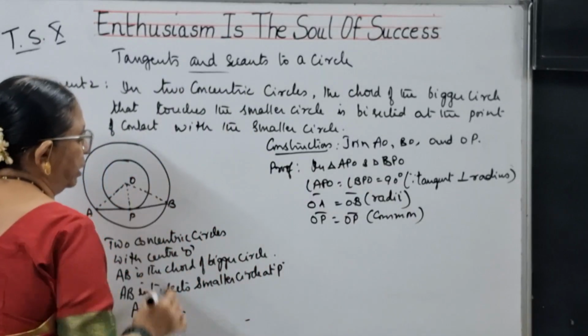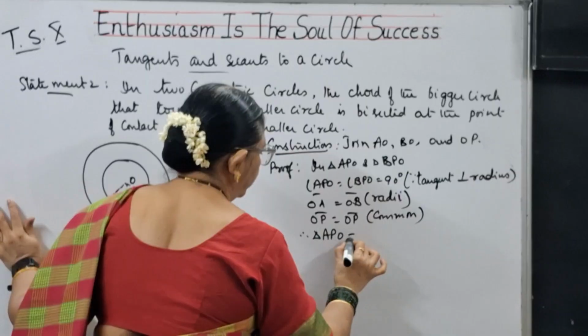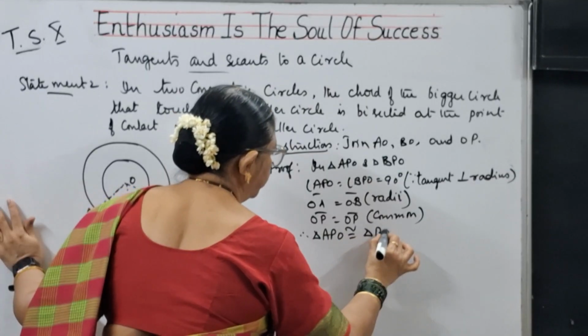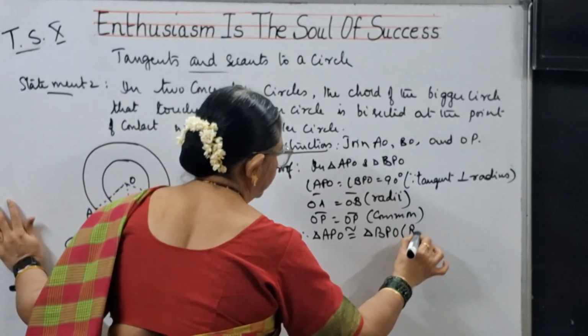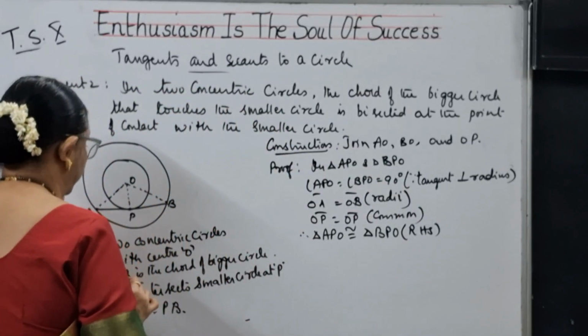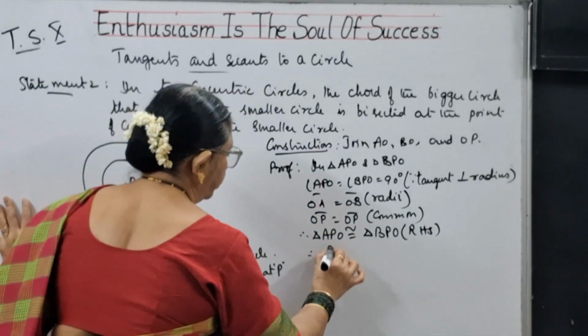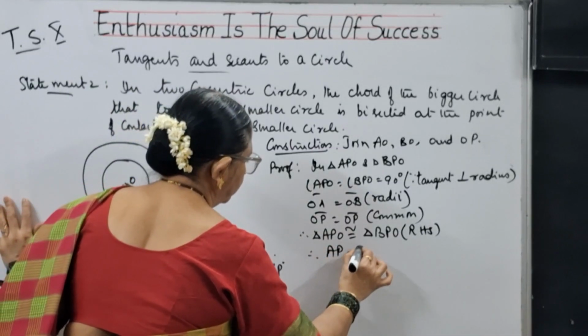Therefore, triangle APO is congruent to triangle BPO basing on RHS property, right angle hypotenuse side property. Therefore, what you can say, AP is equal to BP.